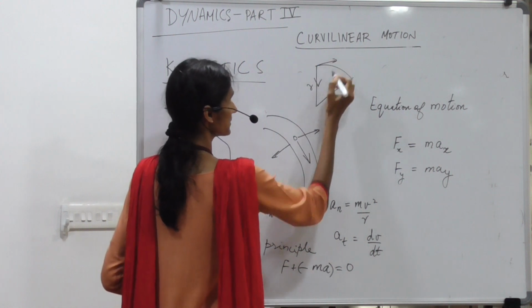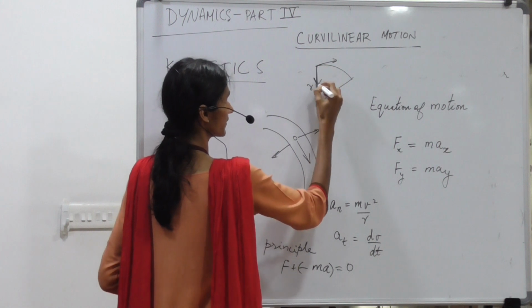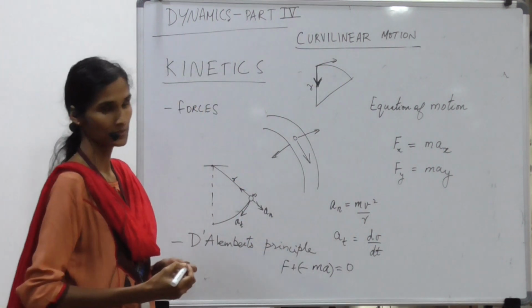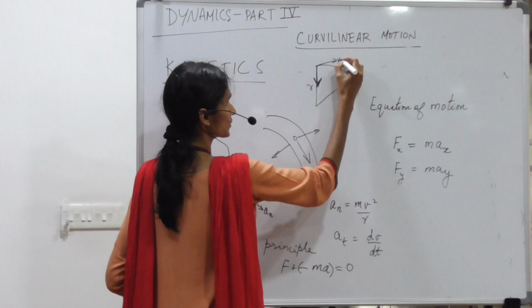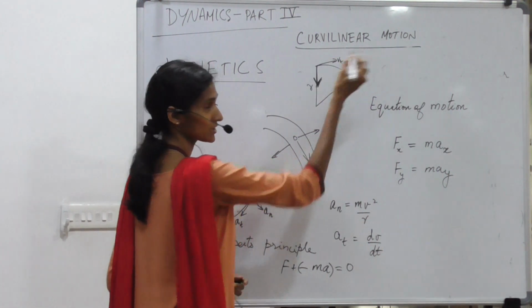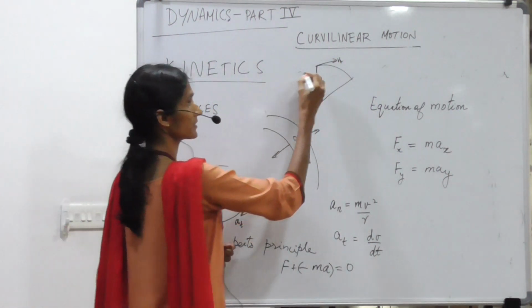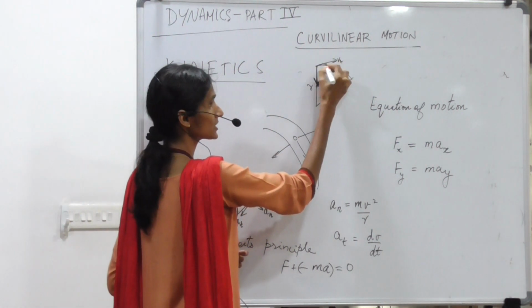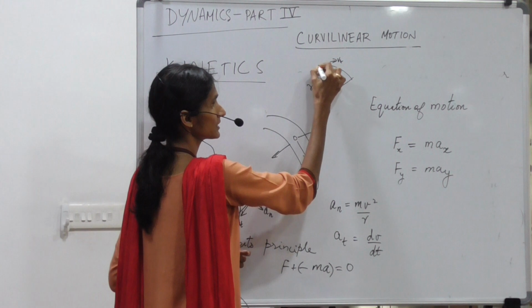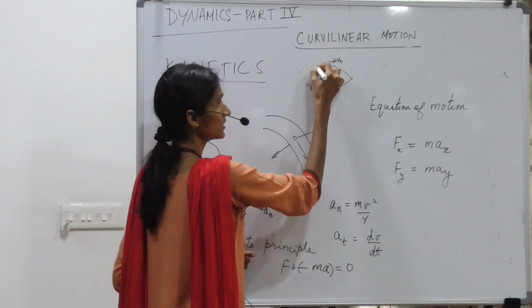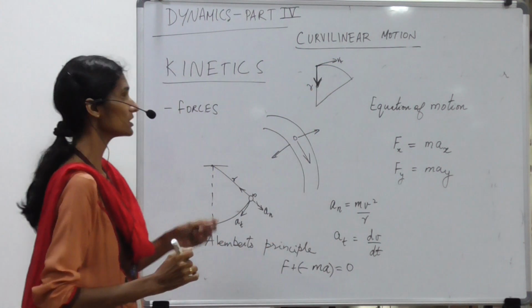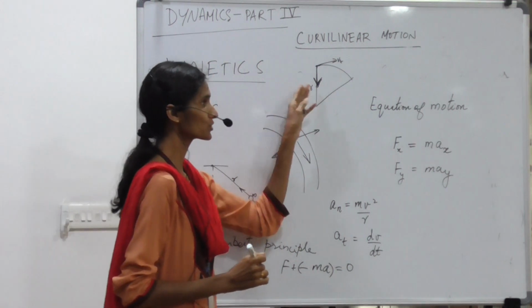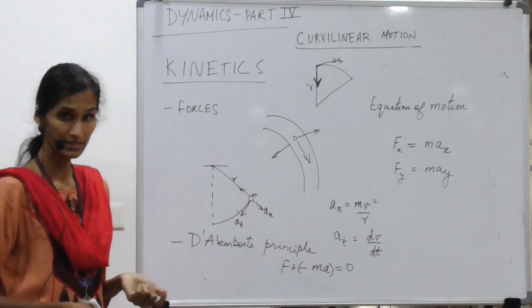One velocity will be tangential while the other will act along the radius. This velocity, as we know, would have been a straight velocity if the particle had continued in its path of straight line. But because it is changed, it is also having a radial velocity. So now this radial velocity also creates a radial acceleration.